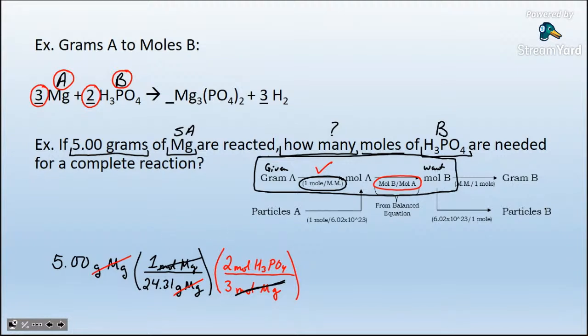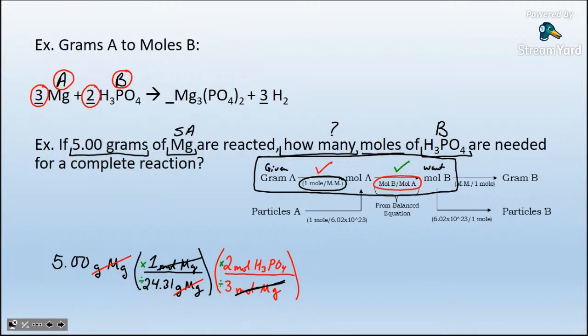Again, at this point, I will have solved for my moles of substance B. And that's what the question is asking me. So in the calculator, again, we're going to multiply by each of our numerators, divide by each of our denominators. So I type it in: 5.00 times 1 divided by 24.31 times 2 divided by 3.